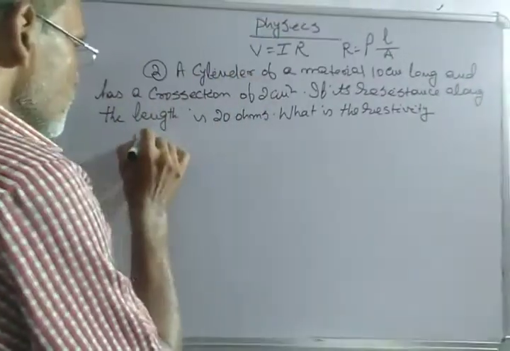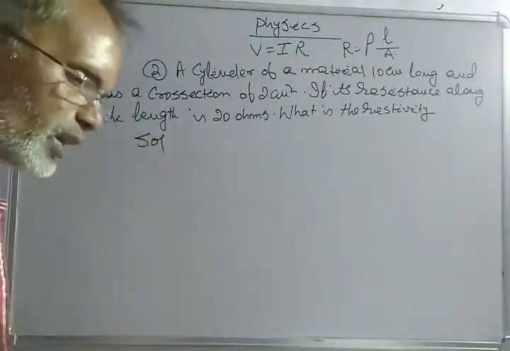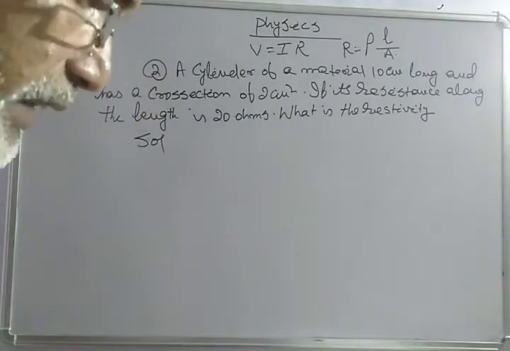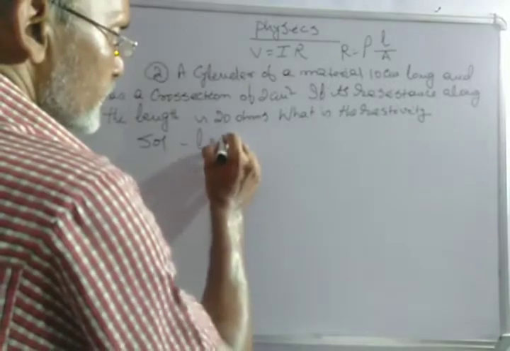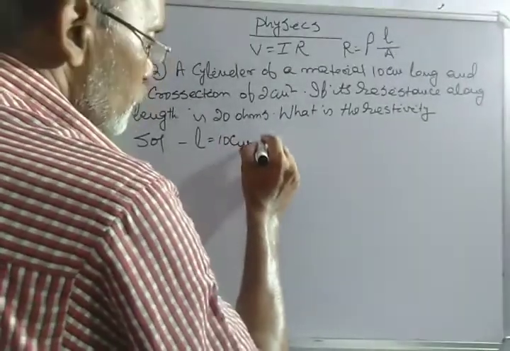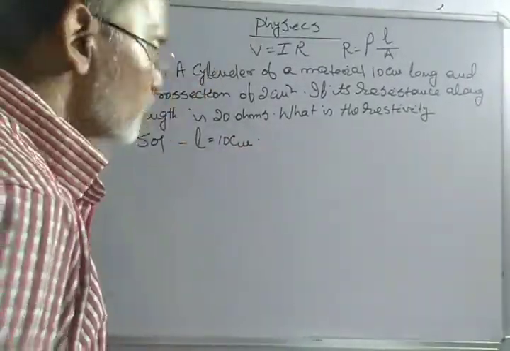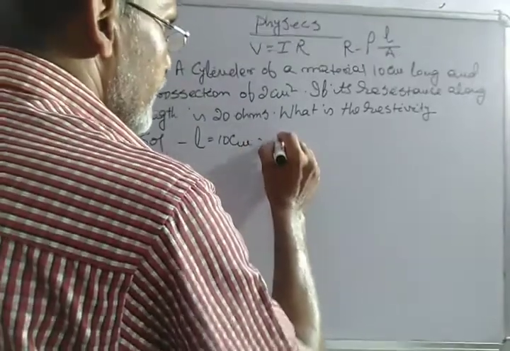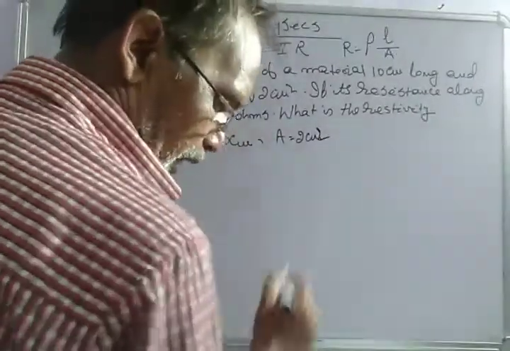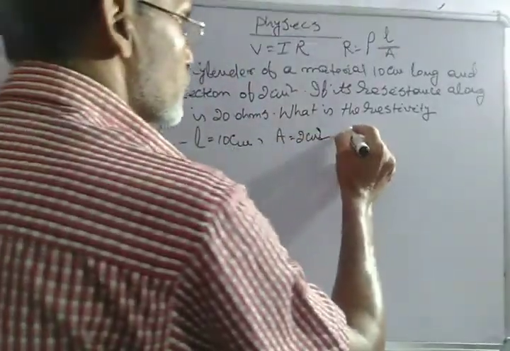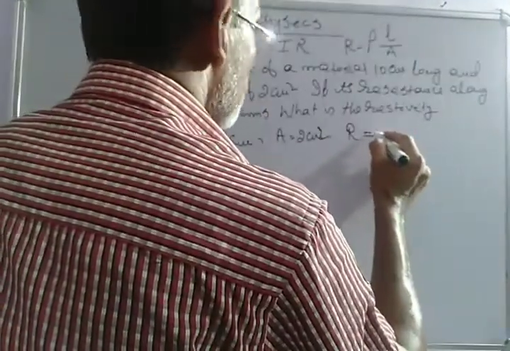Similarly, here in the solution, I have to read the question nicely. Length L is equal to 10 centimeter, and area is given here 2 centimeter square.